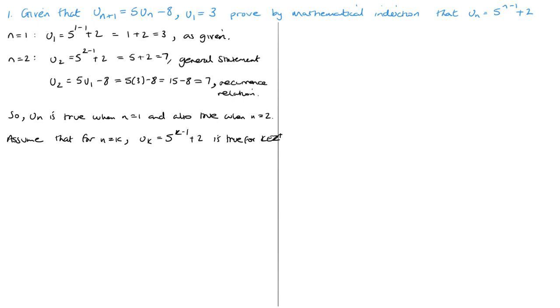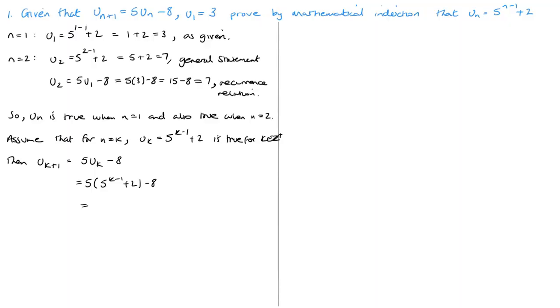Now we're going on to the inductive part. So then u of k plus 1 is going to be 5 uk minus 8. And substitute in for uk. So it's 5 times 5 to the k minus 1, plus 2, minus 8.